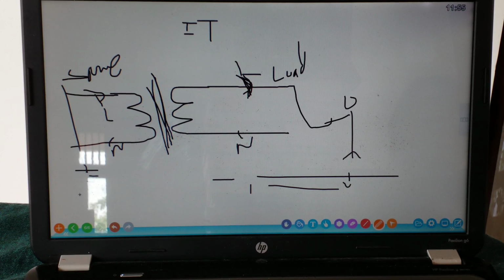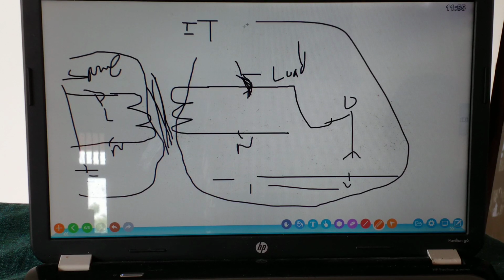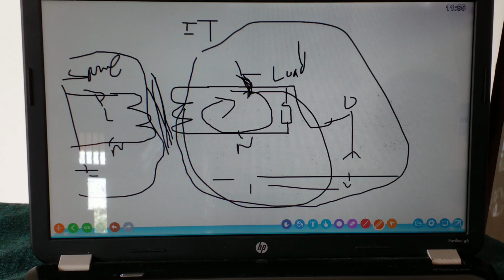Here it is a separate system. The circuit is not closed. No current will go, even though we have a load. No circuit with this loop. So there is no harm in touching one phase at once.